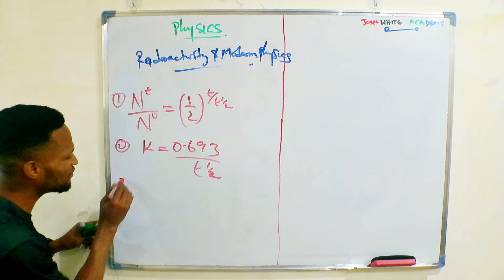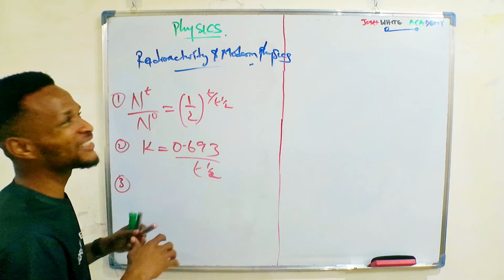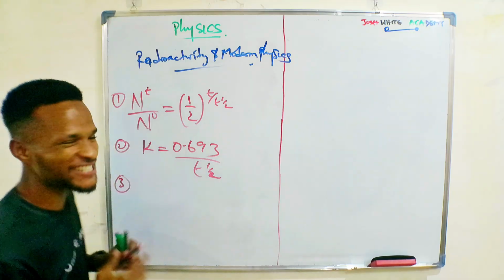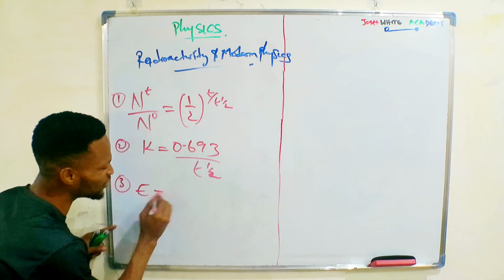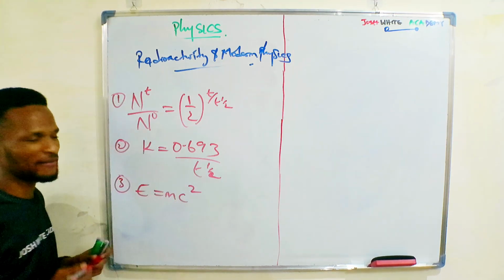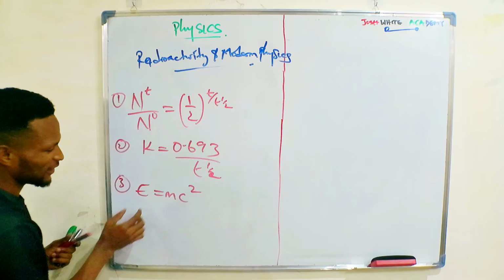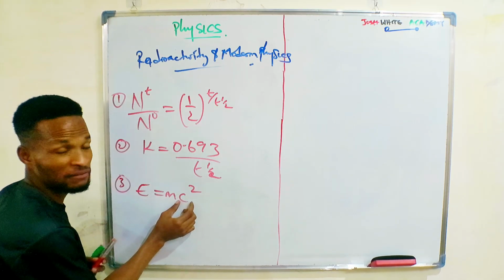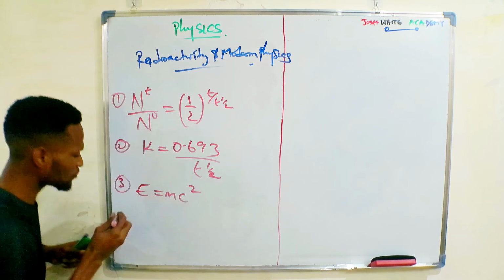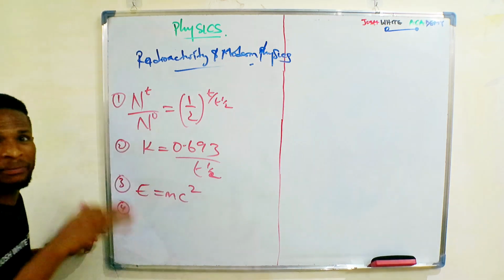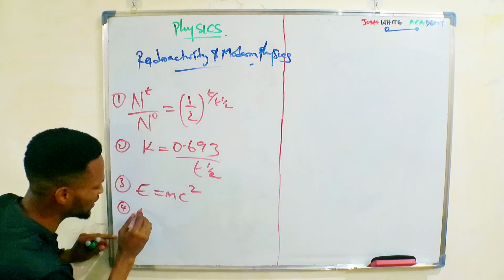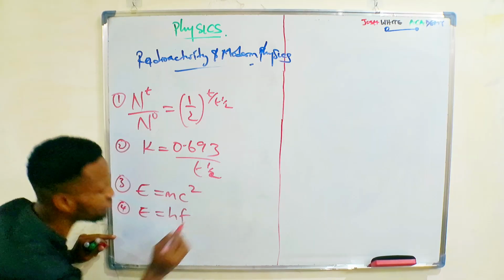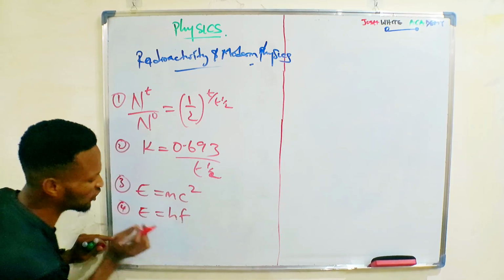Then we have Albert Einstein, who said E is equal to mc squared. Energy is equal to mass times velocity squared. Also, we have Planck, who says E is equal to hf, Planck constant times frequency.